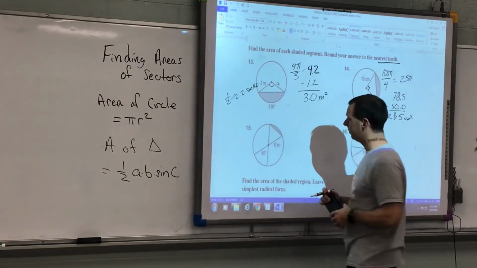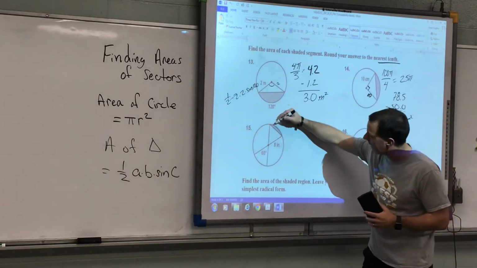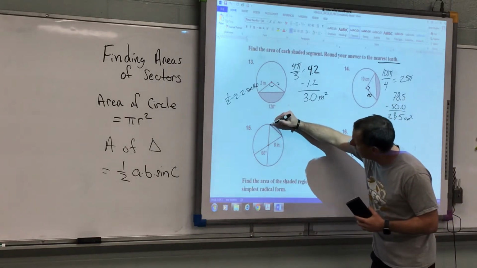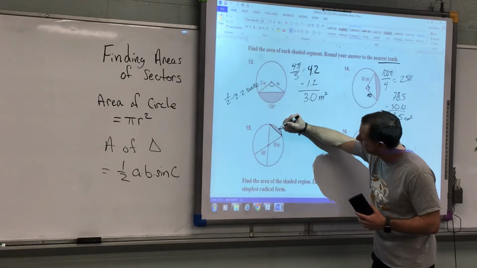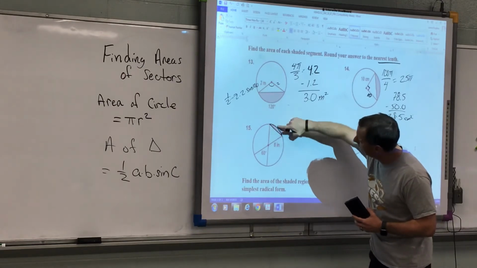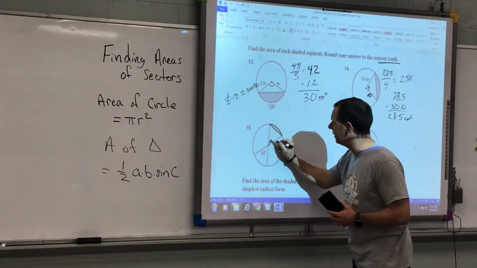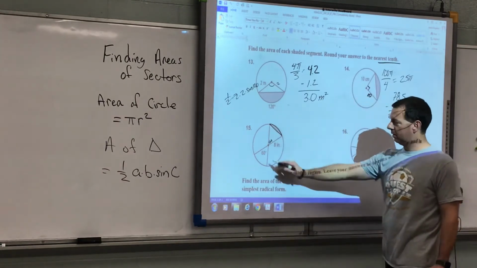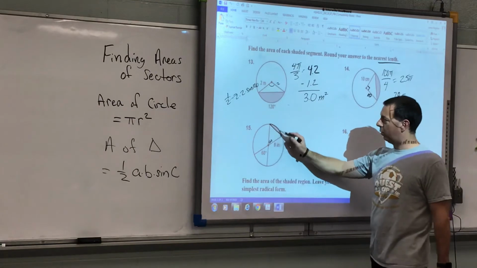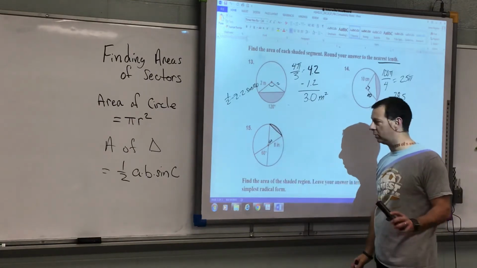I'll do one more here. We have a very, very tiny sliver right here of shaded region. Ooh, nice drawing. Right there. Alrighty, so I know that this is a 60 degree angle, because it's vertical angles. So therefore, that is 1/6 of the circle.